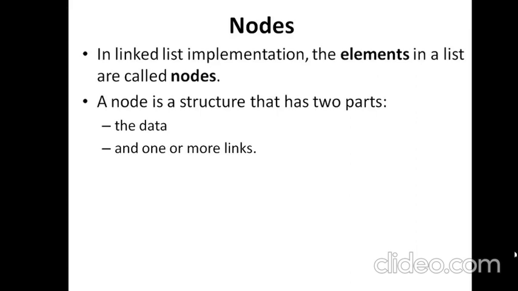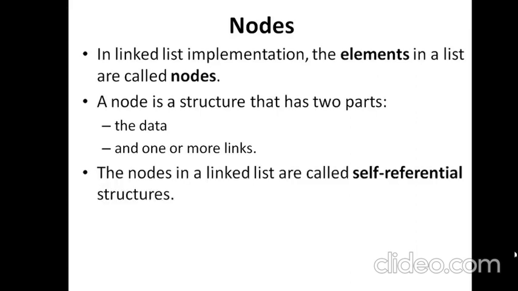So this is what I call a node. A node in a linked list is an element where we have the data and the address of the next node. And because of this, we also call them self-referential structures.